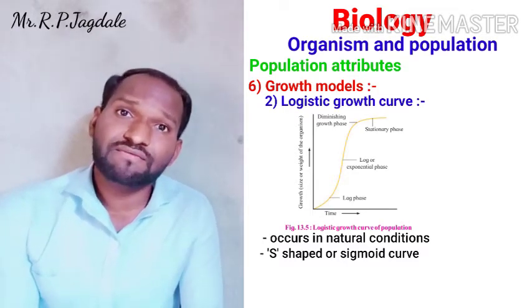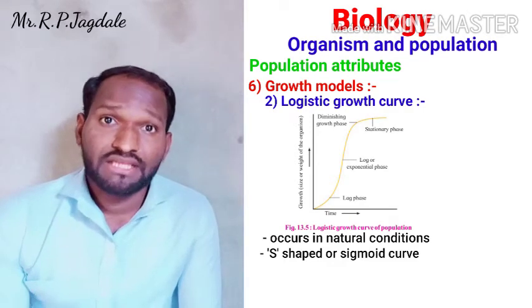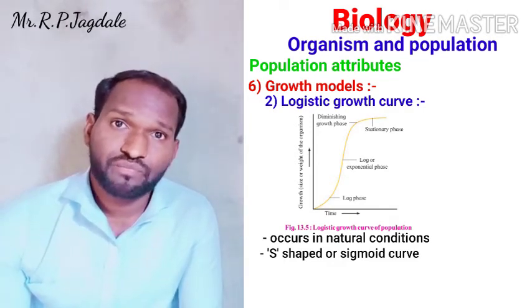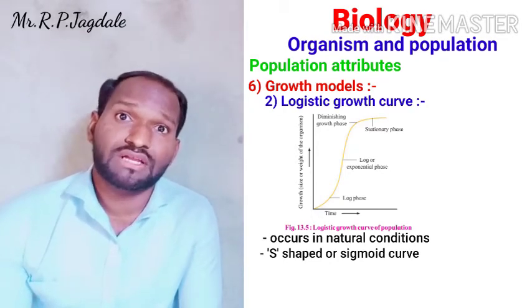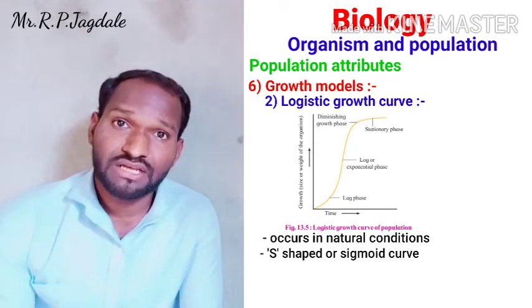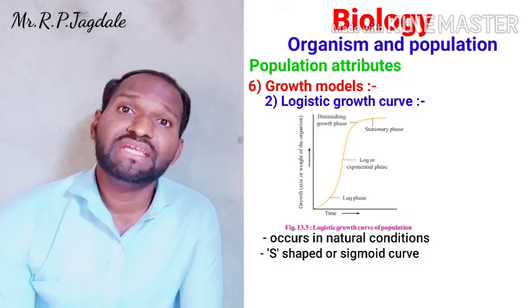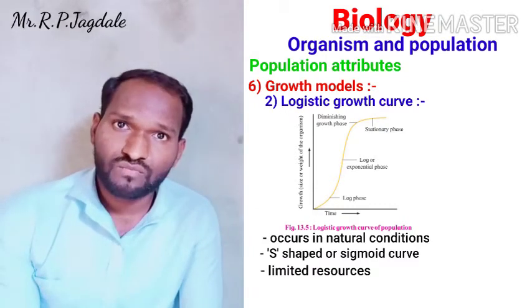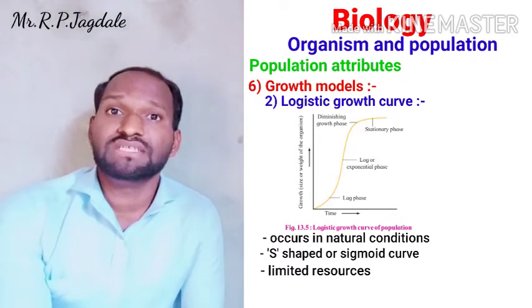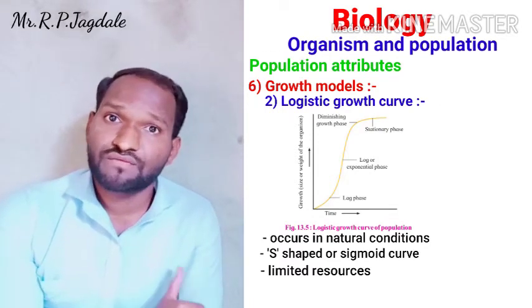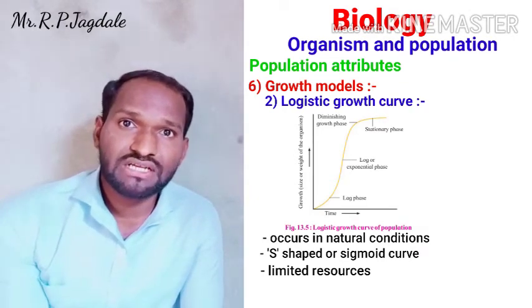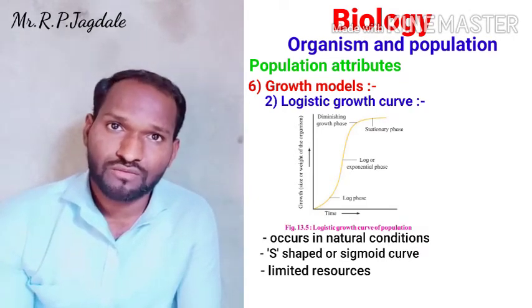Now why is it different? Because in the exponential growth, the resources are unlimited. But in nature or in real environmental conditions, there is a limitation of the resources after some period. That's why this type of curve is there. If you see that graph, there is a difference. The initial condition is the same as the exponential growth.